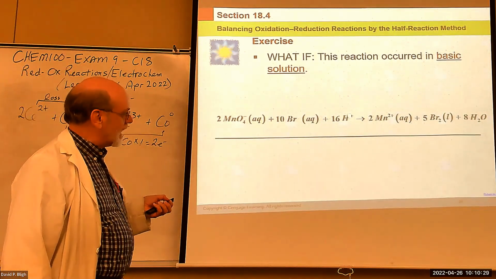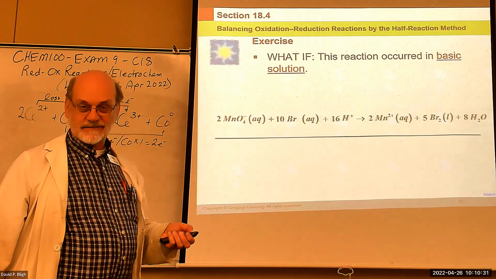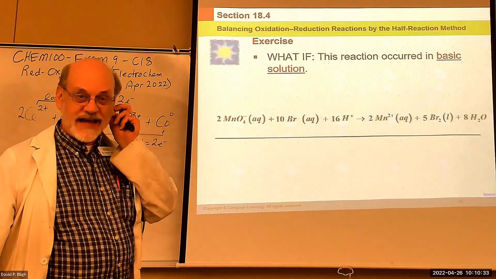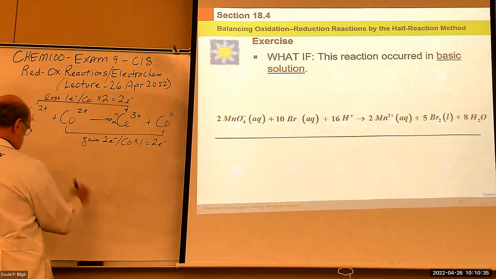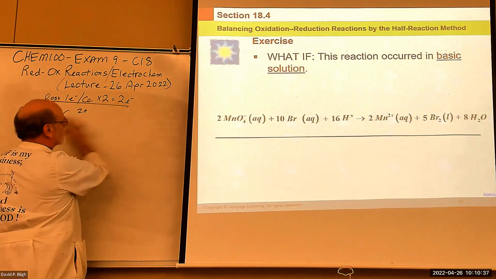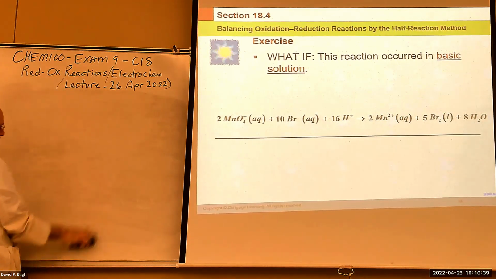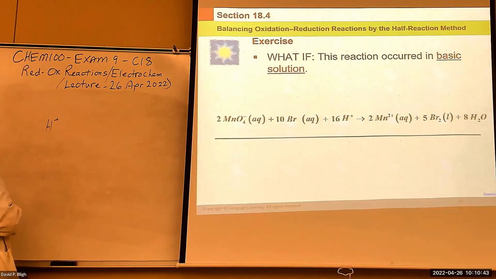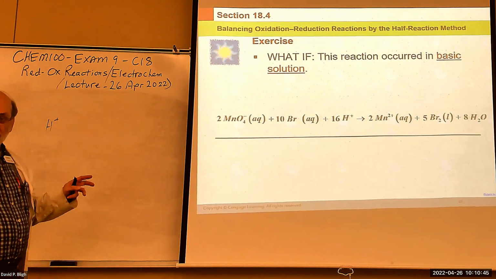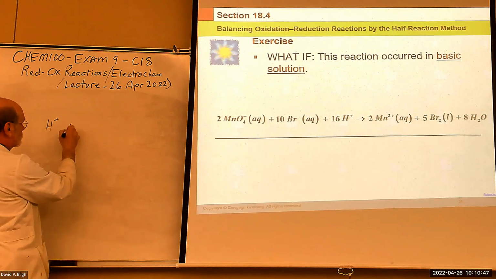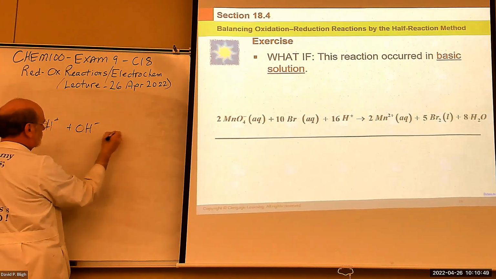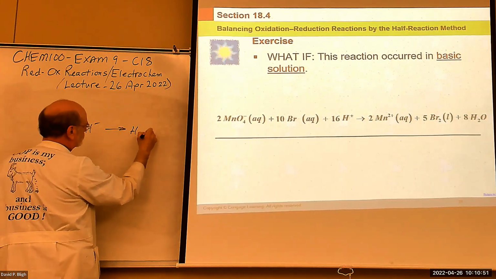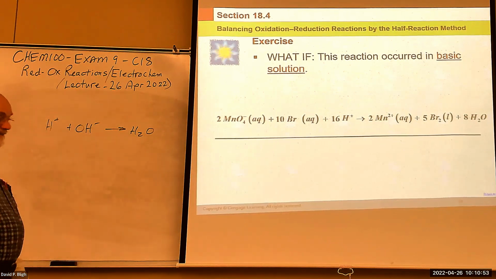You have to neutralize the acid. And how do we neutralize acid? We use this equation. If you have hydrogen ions on one side, then the way to neutralize them is to combine them with hydroxyls. Make water. Okay?